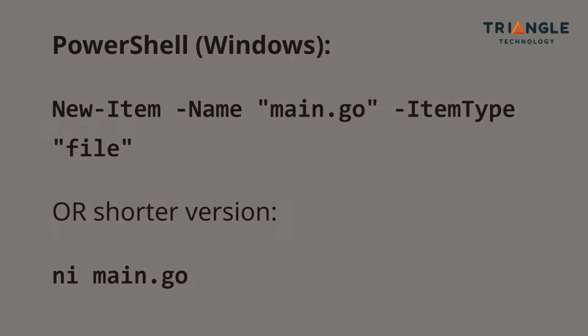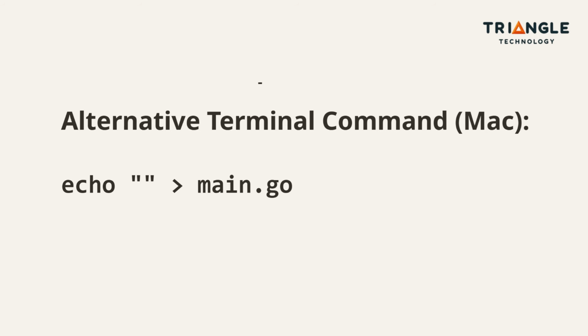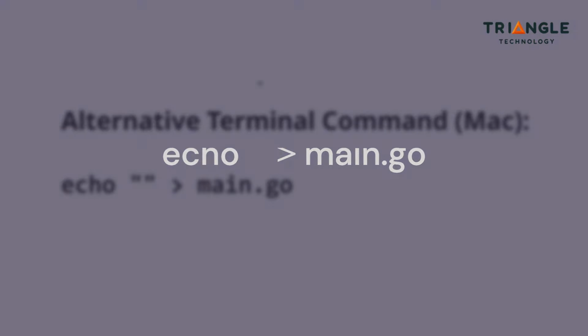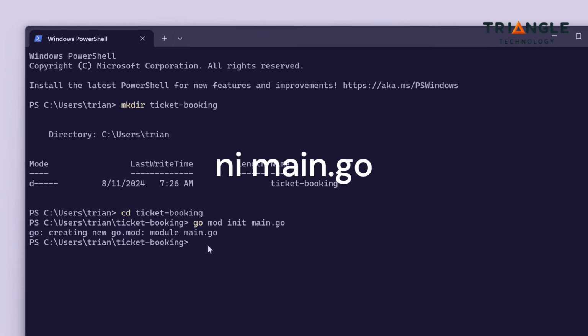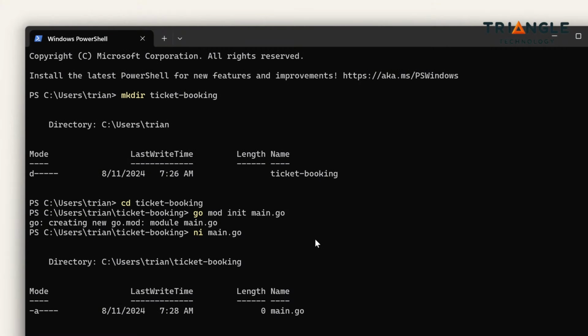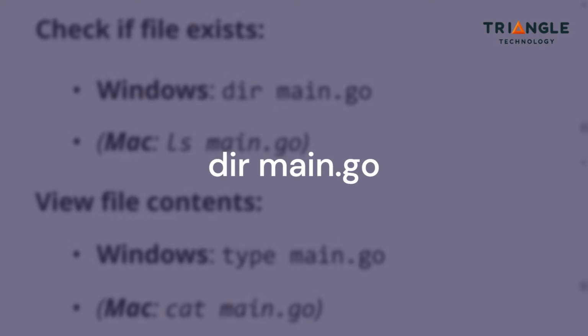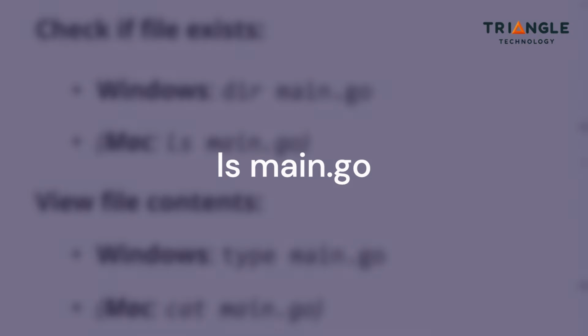PowerShell, Windows. Alternative terminal command, Mac. Check if file exists. Windows: dir main.go. Mac: ls main.go.